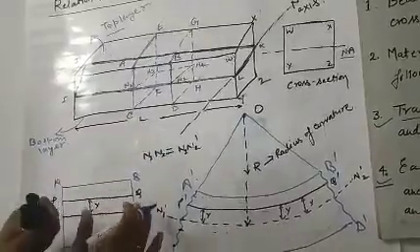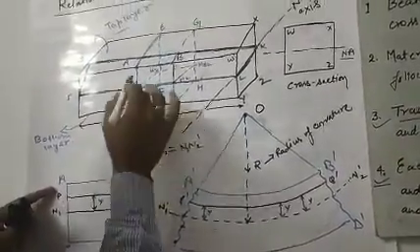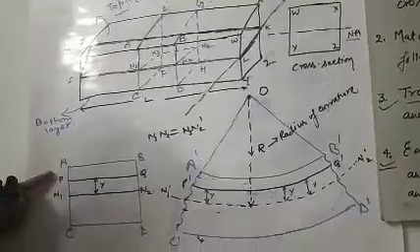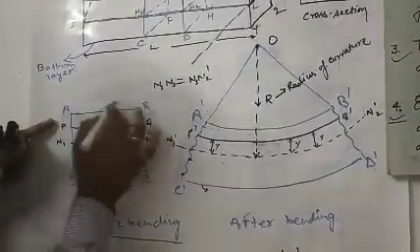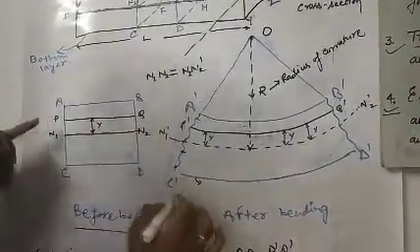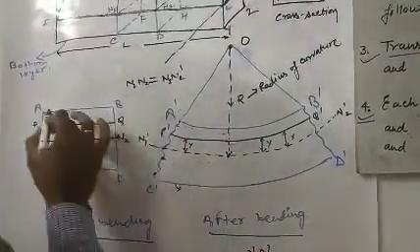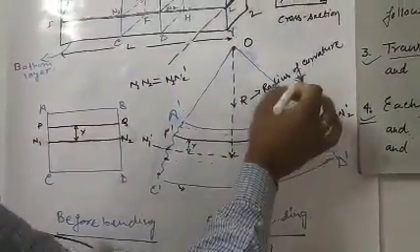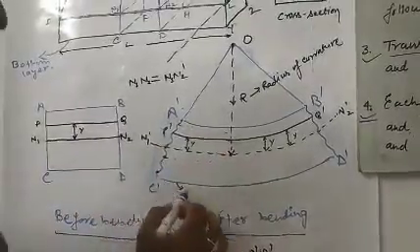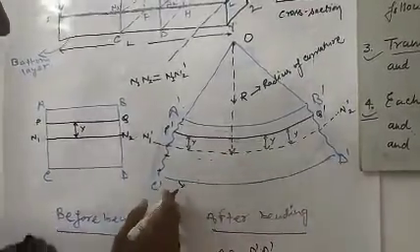Beam is bent. Then before bending the situation is AB, CD, and after bending, what is happening? AB is bent into A dash, B dash, and CD is bent into C dash, D dash, right?